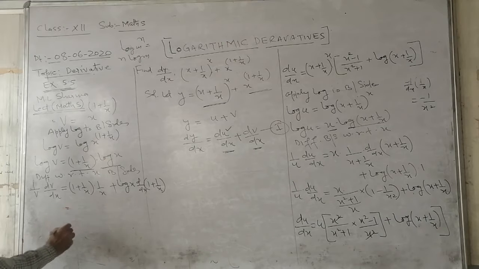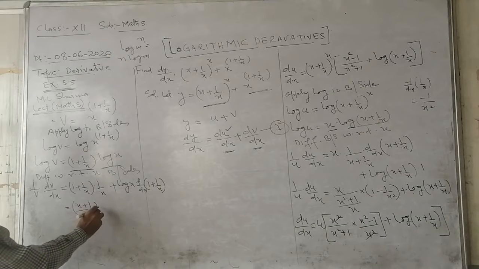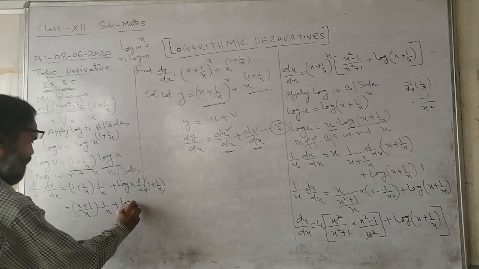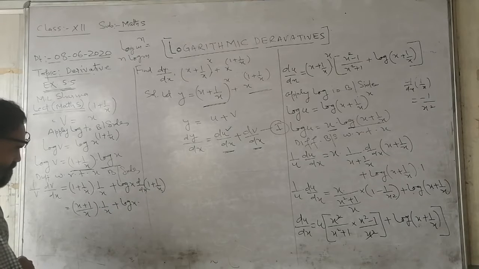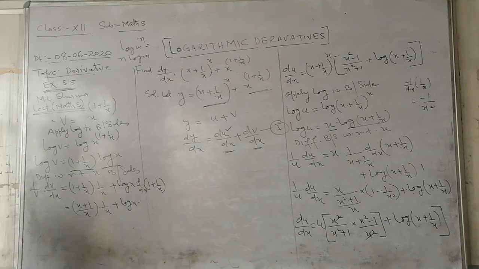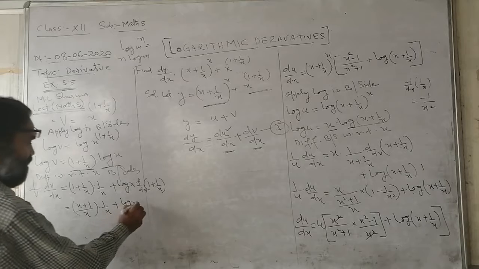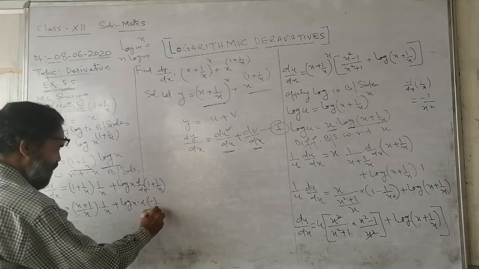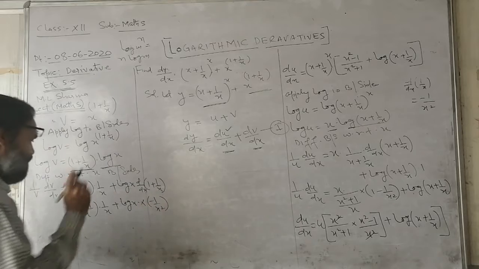So this will be equal to, here if I take LCM, so I will have x plus 1 upon x and 1 upon x here plus log x into the derivative of this term inside the bracket. So 1 is constant, its derivative will be 0, and for 1 upon x, its derivative will be minus 1 upon x square.